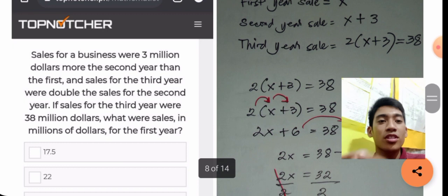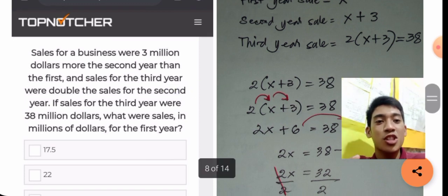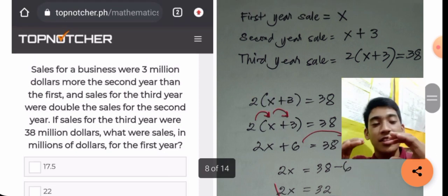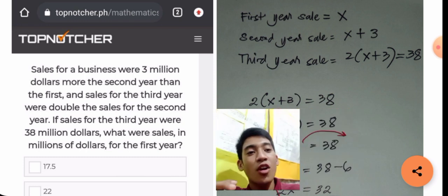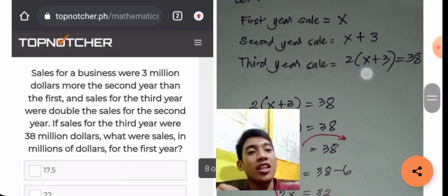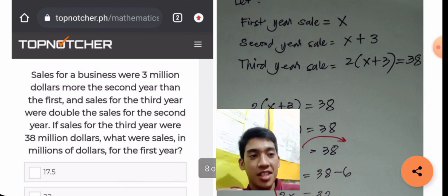Next, how about the third year sale? The sales for the third year were double the sales for the second year. So we will simply double the sale of the second year, which equals 38 million.